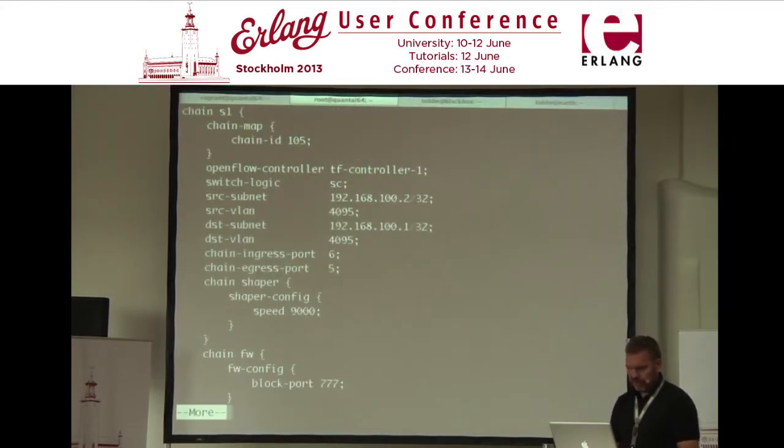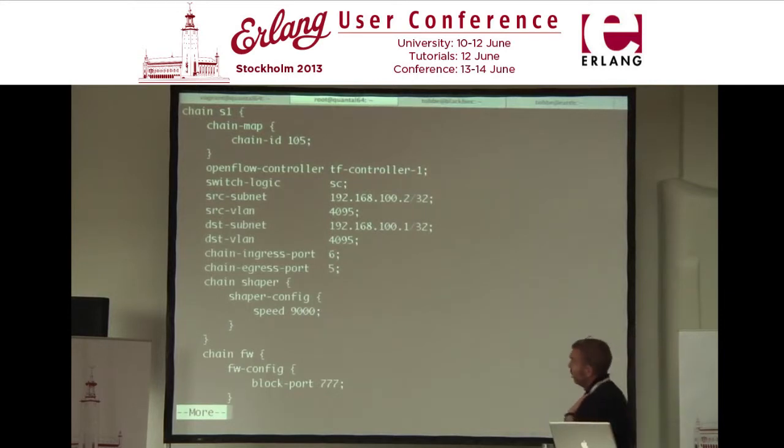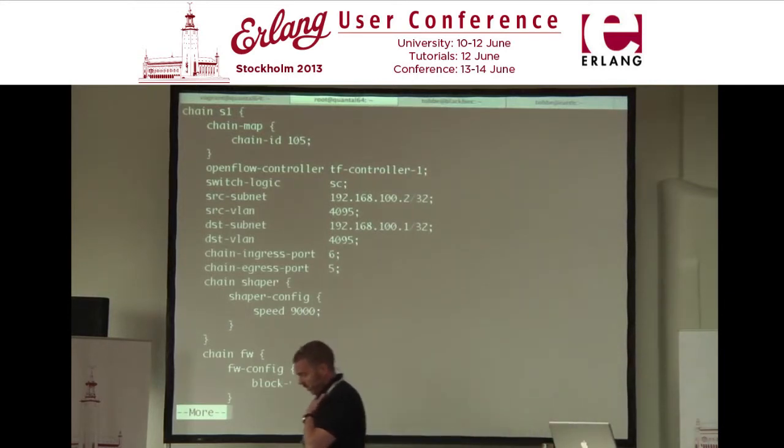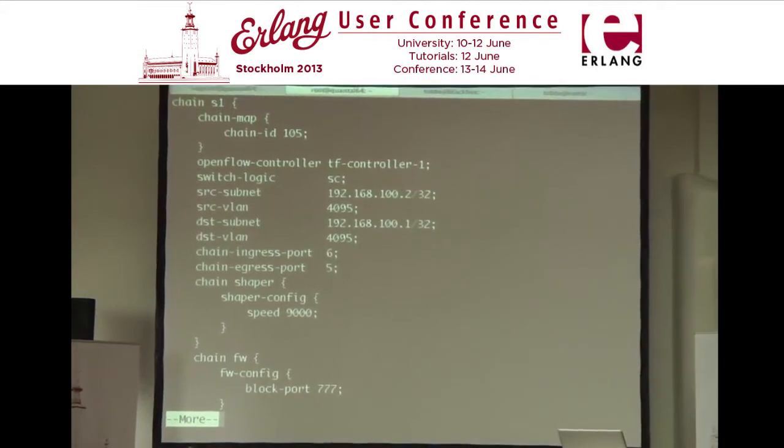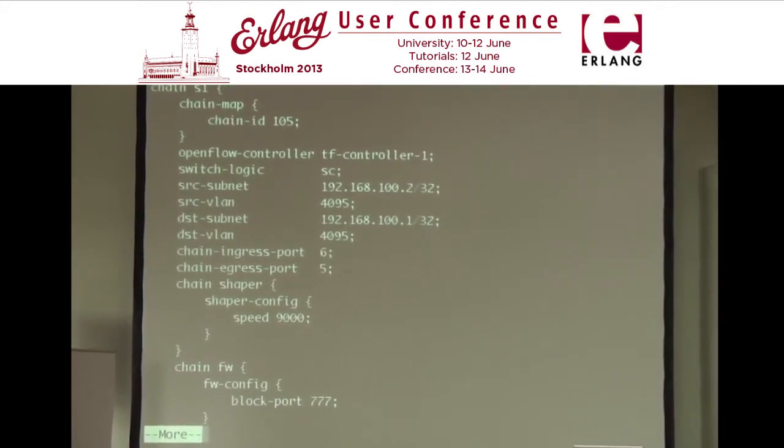Right. So here's configuration data, a chain which we have called asset, that's user defined. The key for this chain is the source subnet, the source VLAN, and the destination subnet. That defines what chain we're going to use. So those are the keys.